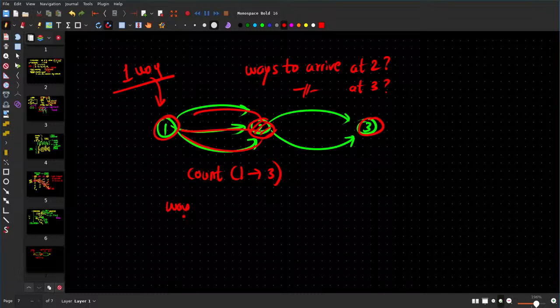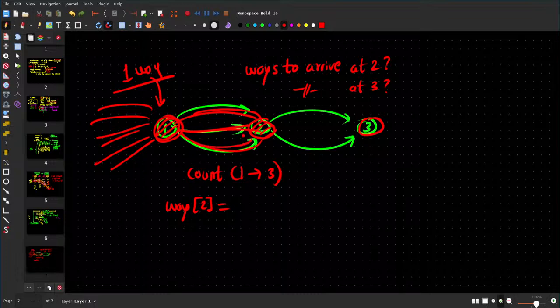So the number of ways to arrive at 2 would be all the ways from which we came to index 1, and for all of them there would be 3 more ways. Right, so there was one way to come here, and from there, the number of ways would be 3 times the number of ways to arrive at 1.